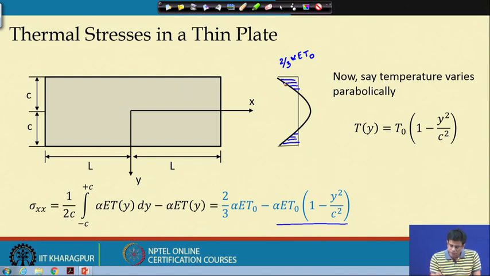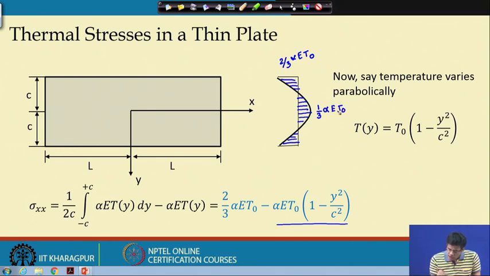Now if at y equals 0, then this is 2/3 alpha E T0 minus alpha E T0. So this is now again the compressive stress, because this latter quantity is greater than this quantity. So this is essentially 1/3 alpha E T0.